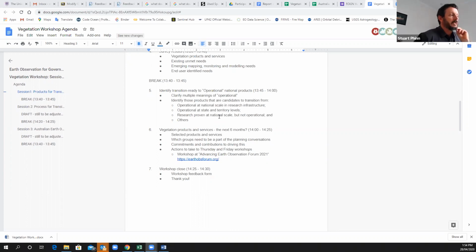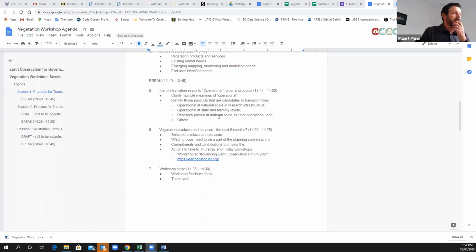One of the things we did ask in August was what people thought was meant by operational for their activities and their data sets, and it partly gets to what Mitch just mentioned there with analysis ready data. The answer is it's different for different people, and it's important that we recognise those differences.